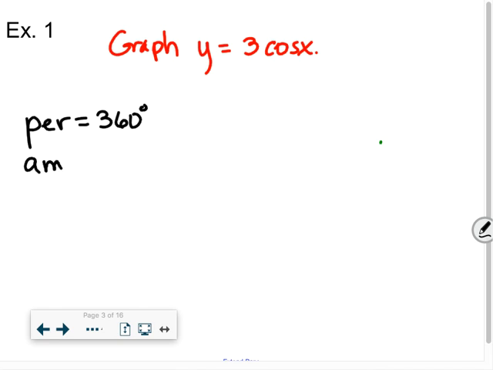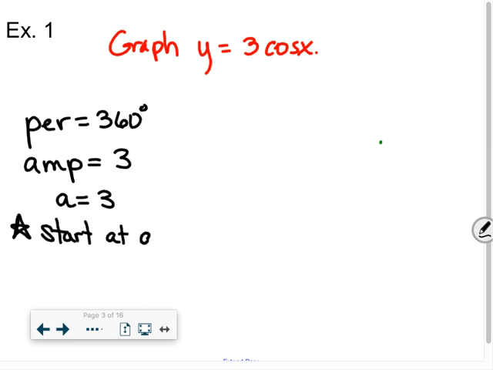My amplitude is the absolute value of a, and you might want to just write a, because what you do to graph, you start at a. Okay, you're going to start at A. I'll explain what that means as I do this graph.